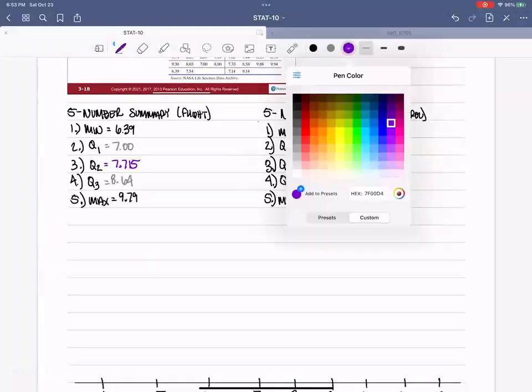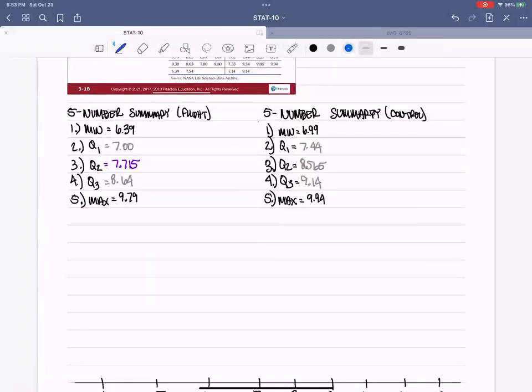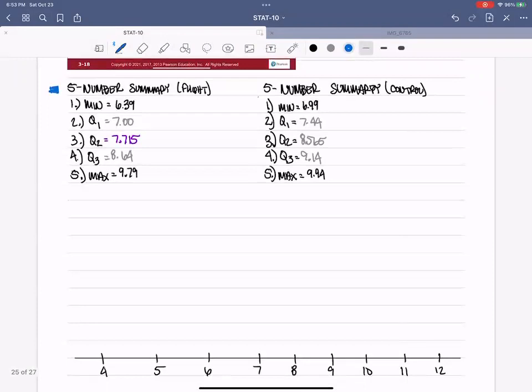So now differentiating between the two, I'm going to make this data set in this blue. And this is going to be our flight data. So starting with our minimum value, 6.39. 6.39 is about here-ish. So we're doing dots here. And remember, we didn't have any outliers, so we don't have to do anything crazy there. Next is our Q1, which is 7.